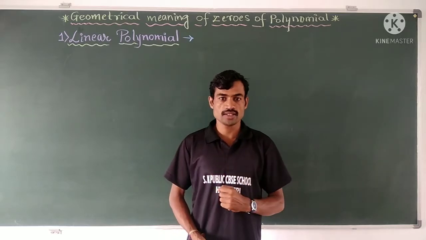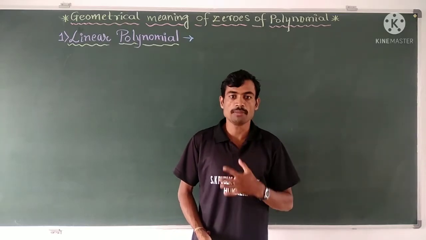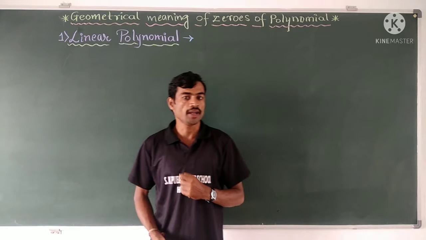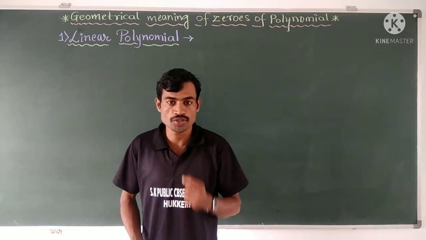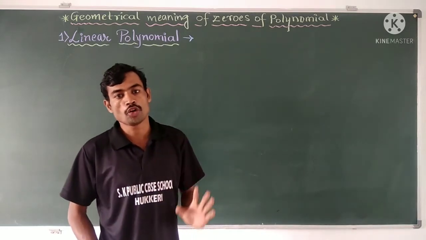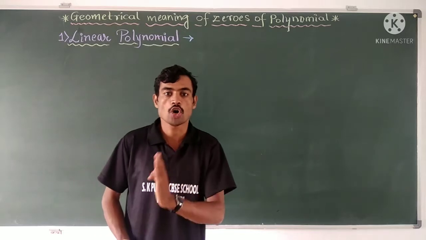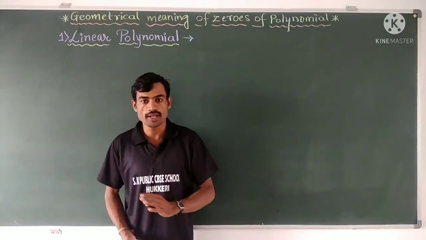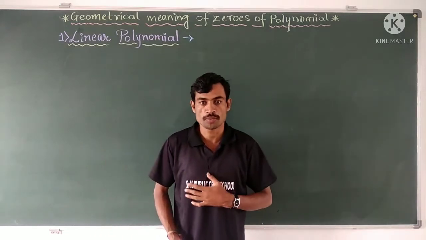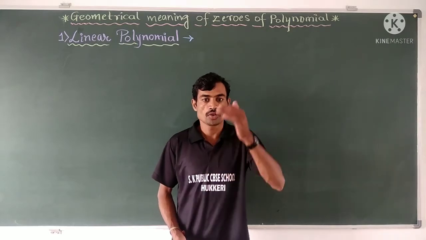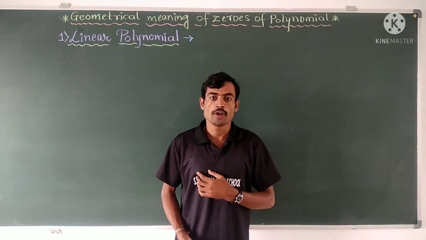On that basis, by the graphical method, we can find how many zeros a quadratic polynomial has at most, and how many zeros a linear polynomial has. Clear? So let us discuss one by one.